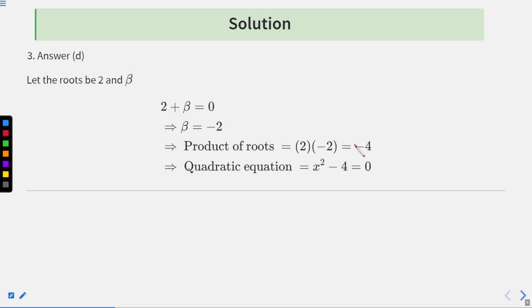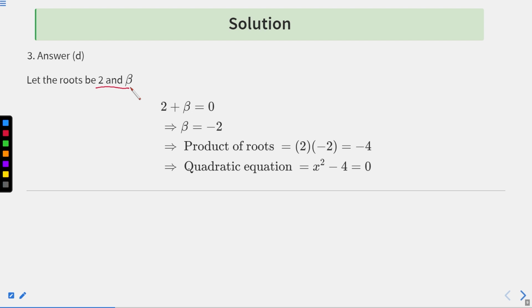If we use this concept, we can find the other zero. Let the roots be 2 and beta, where 2 is a root of this quadratic equation, as given to us.